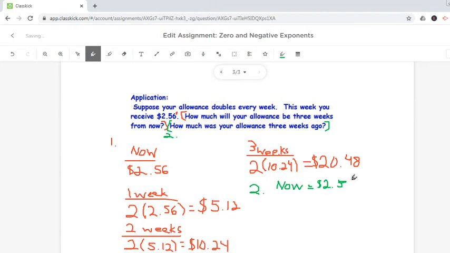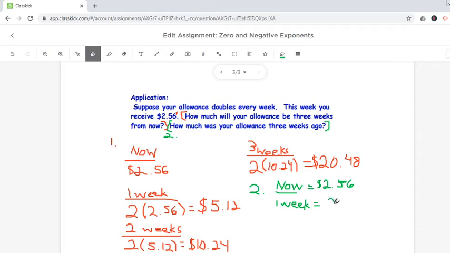I'll do now, and then 1 week ago. Okay. So every week going forward, it doubles. But going backwards, we would not multiply, but divide.